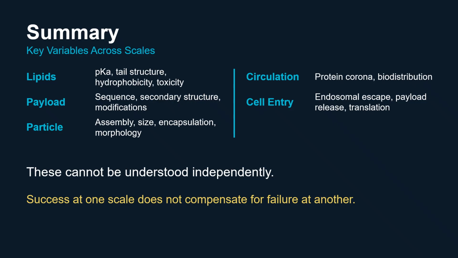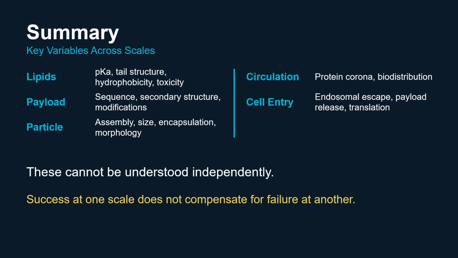At the particle level, everything depends on how the LNP assembles. Assembly conditions set particle size, RNA encapsulation, and internal structure. Once the particle enters the bloodstream, its behavior changes again. Proteins bind to the surface and form a corona.